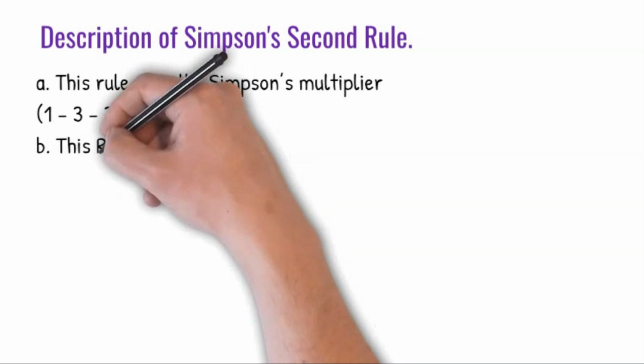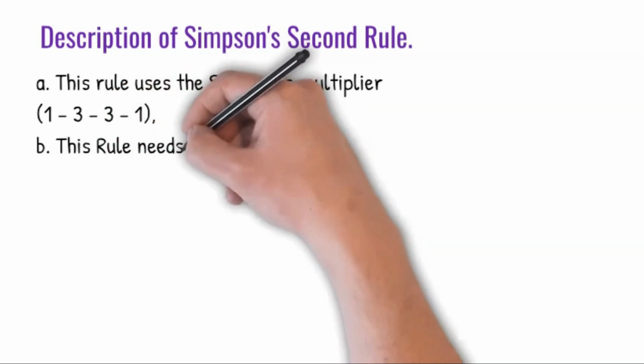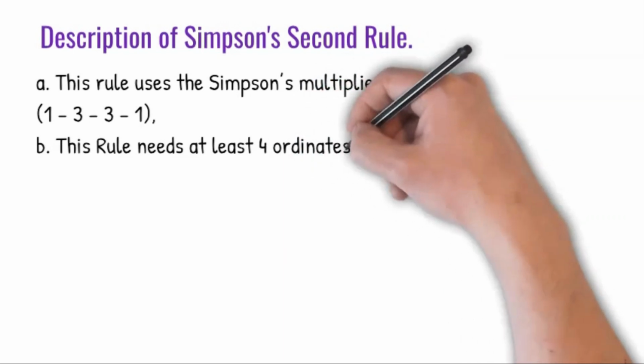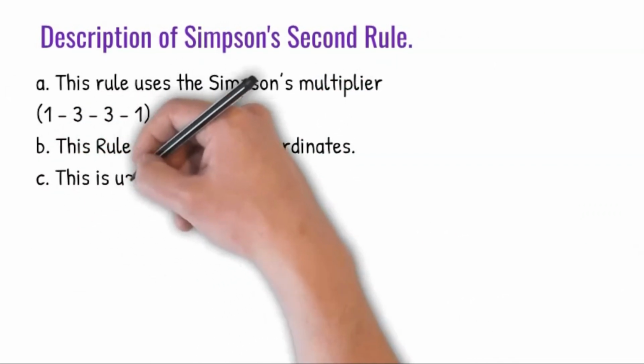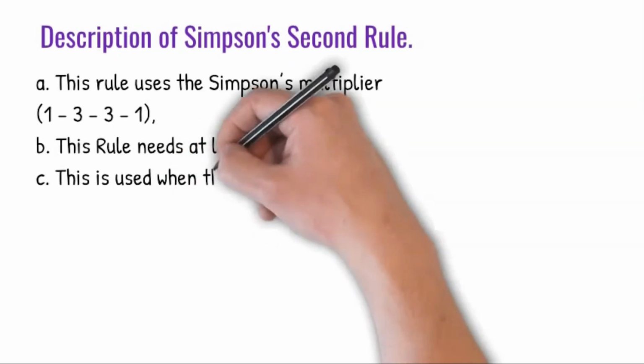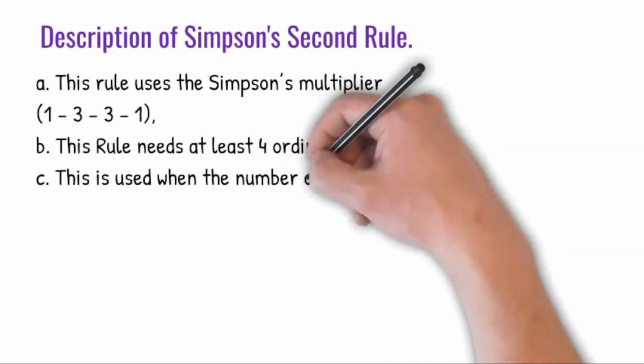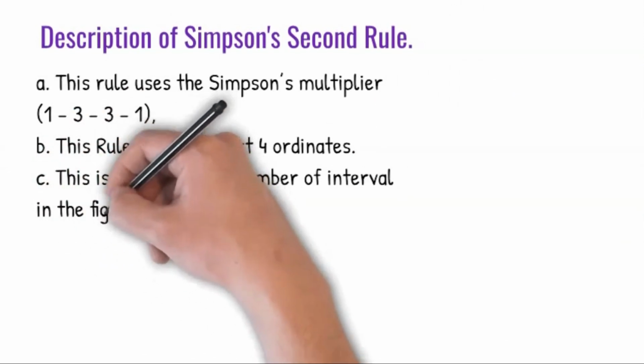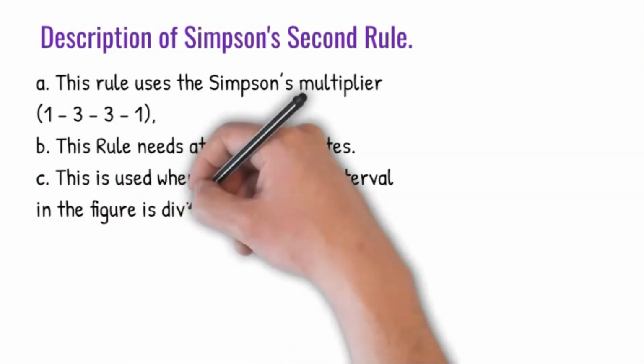B. This rule needs at least 4 ordinates. C. This is used when the number of intervals in the figure is divisible by 3.